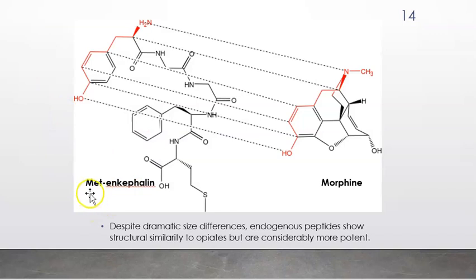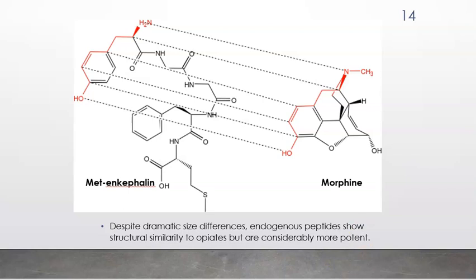It's one of our two subtypes, met-enkephalin. Okay, so we've got our two structures, and you can see they are so different. Our peptide is huge compared to morphine. However, there's a lot of structural similarities at this one place. And that's the part of these chemical structures that is thought to actually bind to the receptors, and that's why they're able to both bind and have similar effects on that receptor.